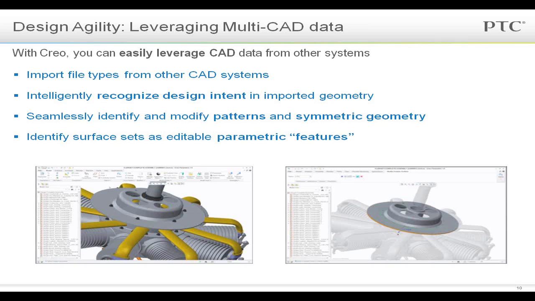So if we open that content, we can start to intelligently build design intent, whether that be through looking for patterns, or through looking for lines of symmetry or planes of symmetry. Once we've identified these, we can start to build parametric features by saying, this hole is this big and this hole is dimensioned from here or from there. But I'm simply repurposing the content and not recreating it.